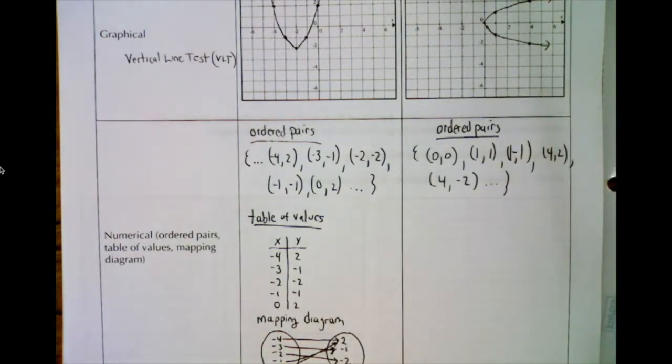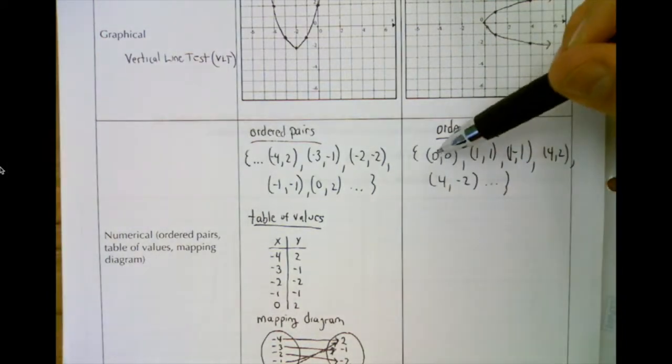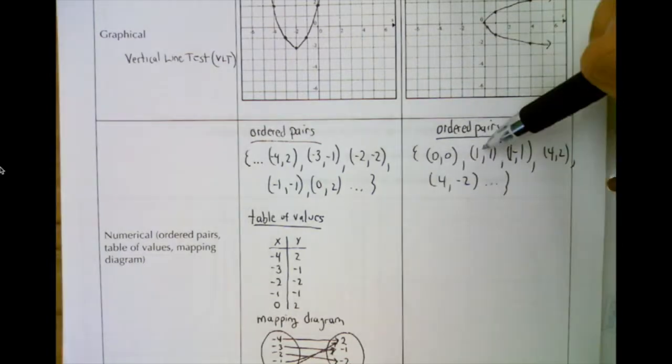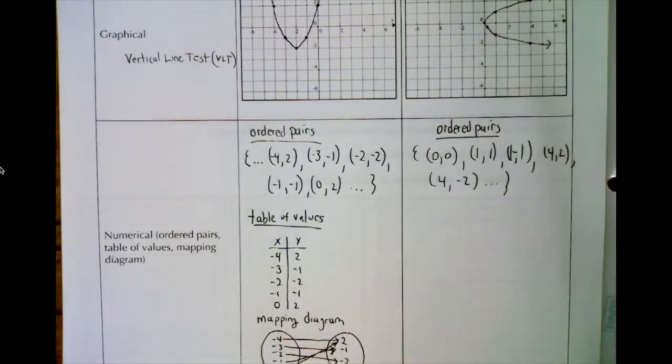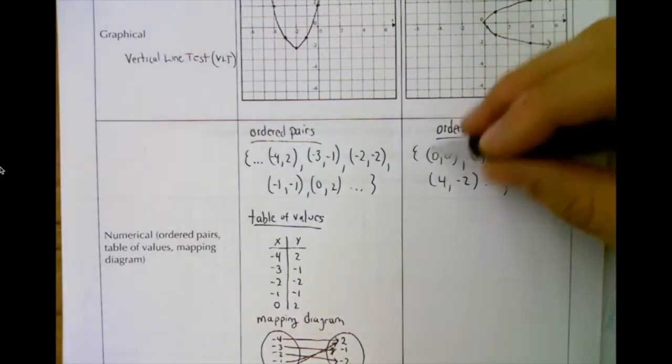So as you can see here in our ordered pairs, 0 has only one output, 0, but 1 has two different outputs, 1 and -1. 4 has two different outputs, 2 and -2. So therefore we don't have a function. And again, we can see it in our table of values.